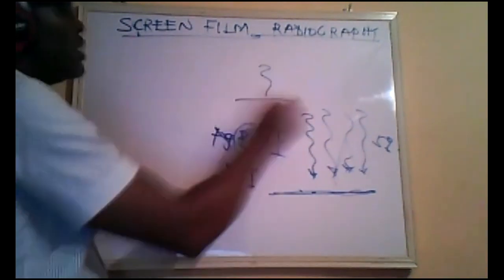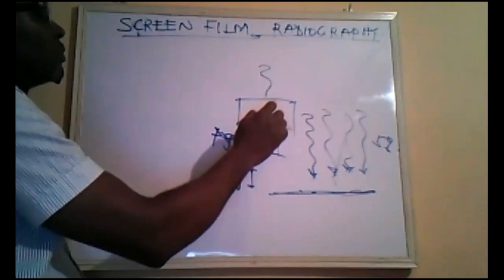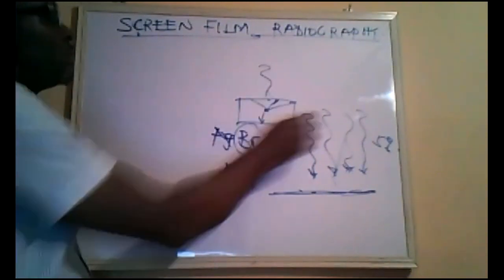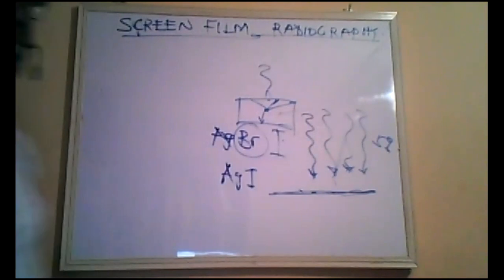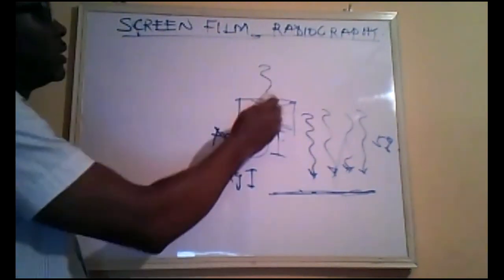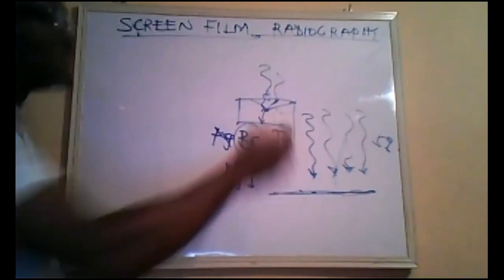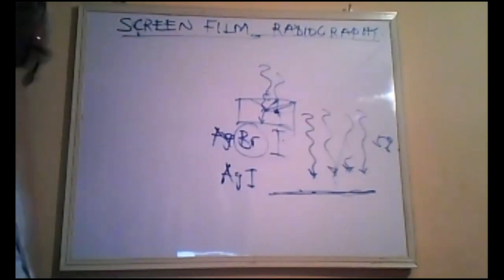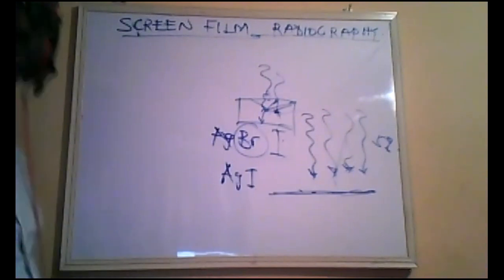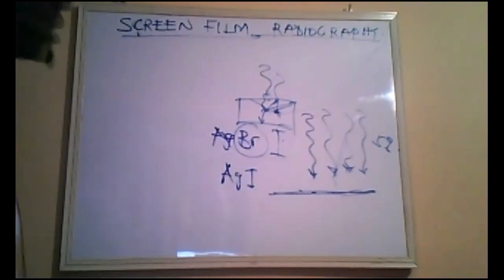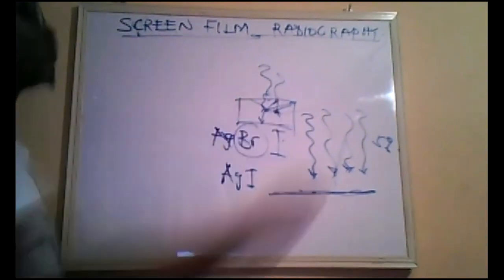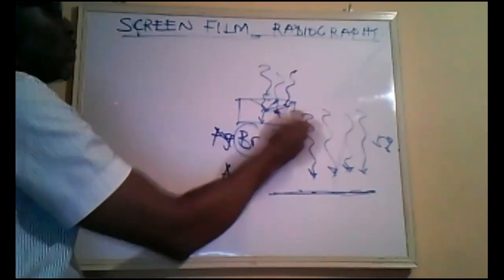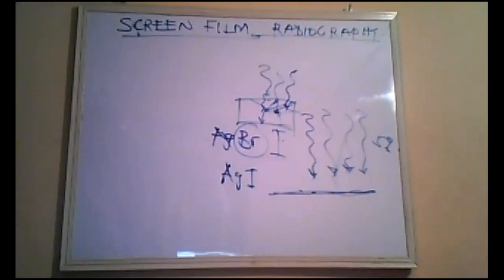When an X-ray photon interacts with the phosphor screen, you have an emission of light, with light rays being emitted in all manner of directions. So for one X-ray photon, you can have maybe 1,000,000, 100,000, and so on light photons.